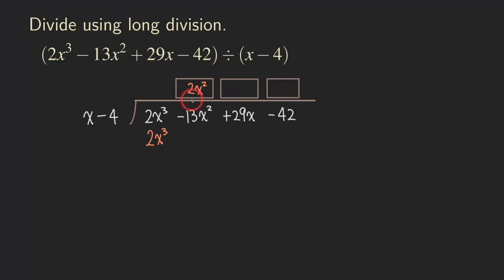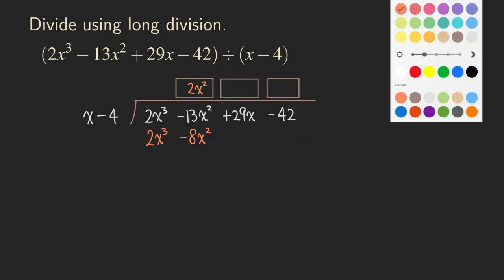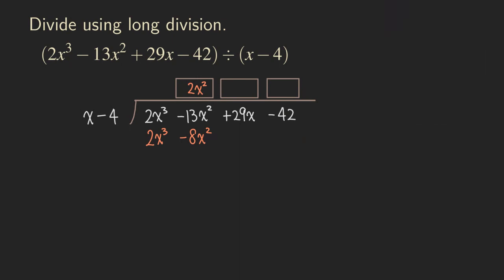So we are going to do 2x squared times the -4, which will give us the -8x squared. I'm using the same color just to do the highlighting so that it will be easier for us to see that we are going to get two terms here because we have two terms in the divisor. Okay, so now we draw the line, and then we are going to do the subtraction, right?